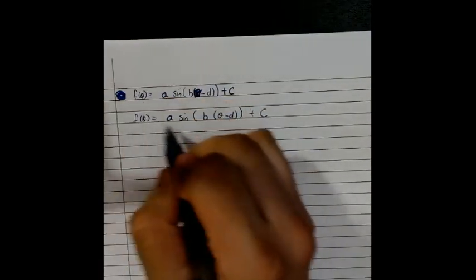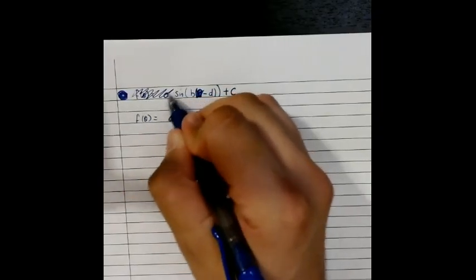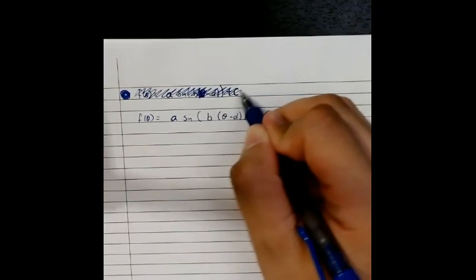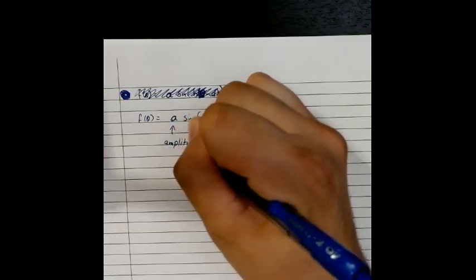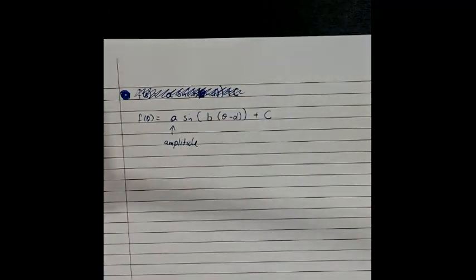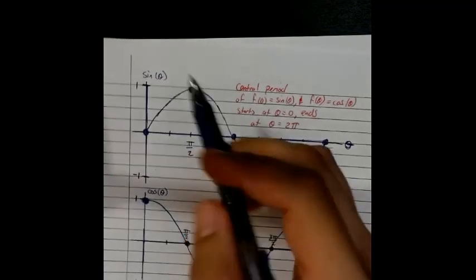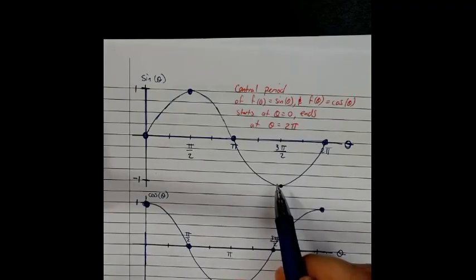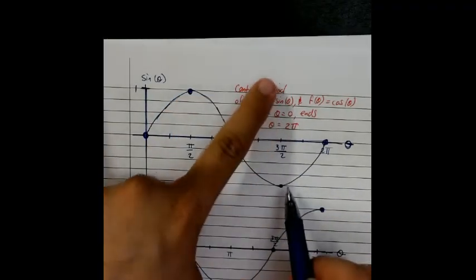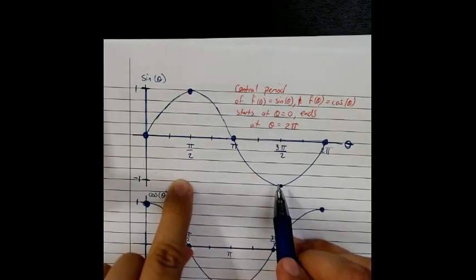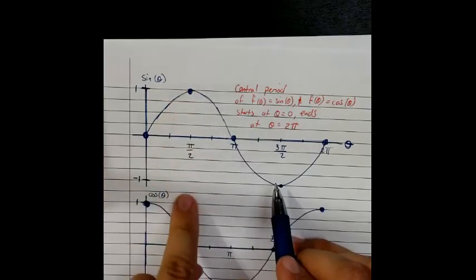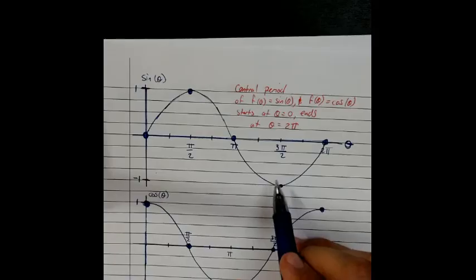This value of a is called the amplitude of your function. What it measures is the distance between the maximum and the minimum. Not the horizontal distance, but the vertical distance. How far is it from the maximum value down to the minimum value?